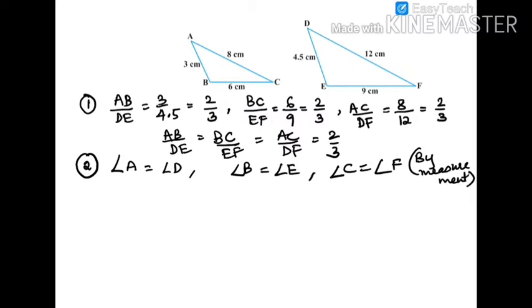Since all 6 parts of these two triangles are satisfying the equality relation, we can say that these two triangles are similar. But what was the minimum information given to us, which was enough to say that these two triangles are similar? We just need all three corresponding sides of these two triangles in equal ratio.